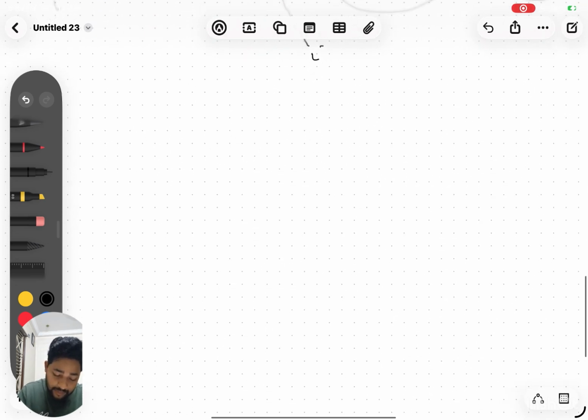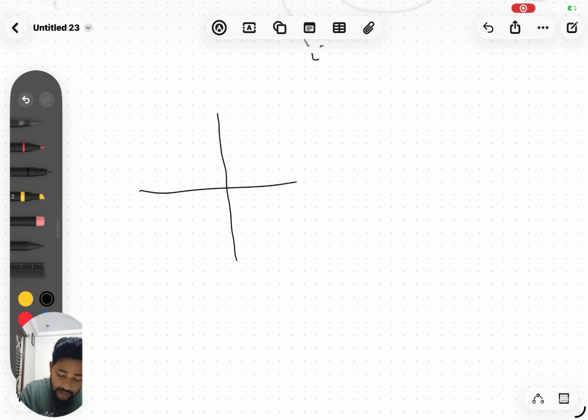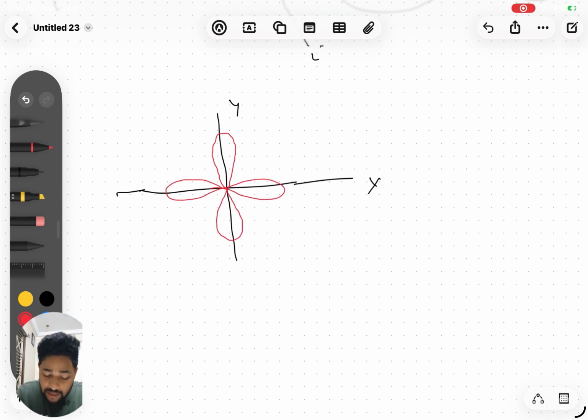See here, this is the axis. It is x, y, and this is the dx square minus dy square orbital of this d block metal, and this is the dxy orbital.